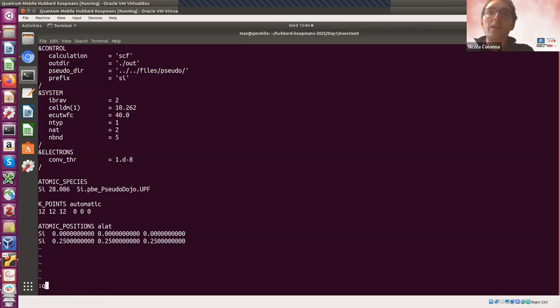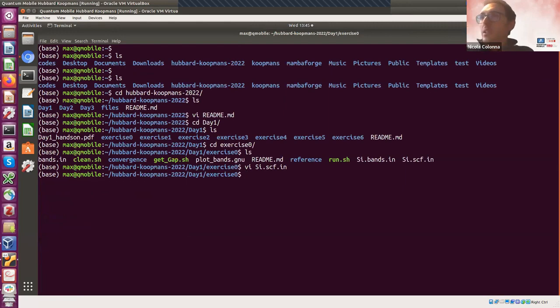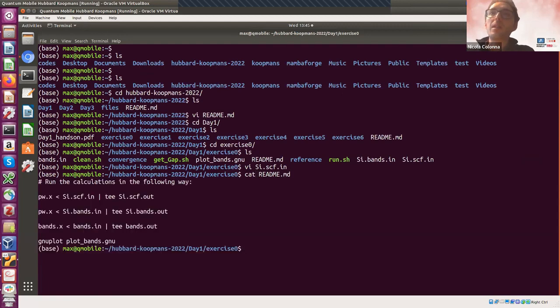Okay, now we are ready to go. We check our input file. Everything looks in place. How do we run this in practice? Well, if you open the README, or simply, let's do it like this, we list the content of this README file.